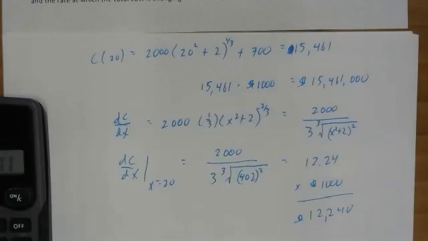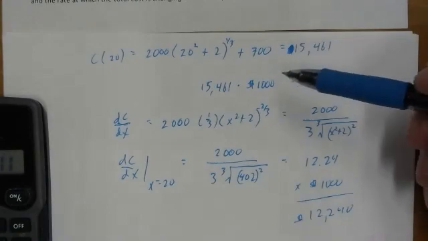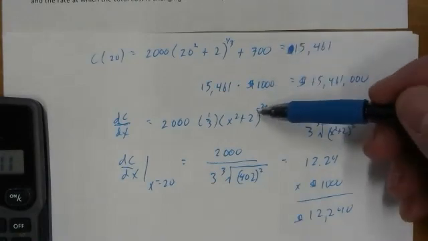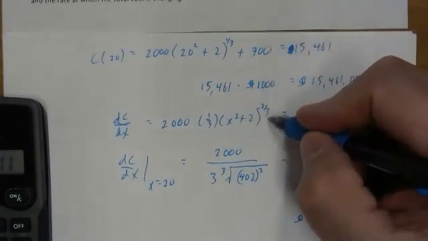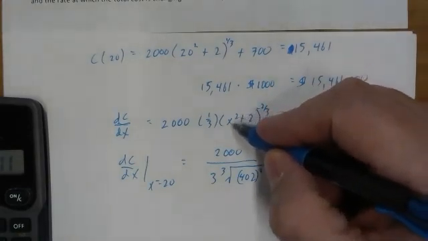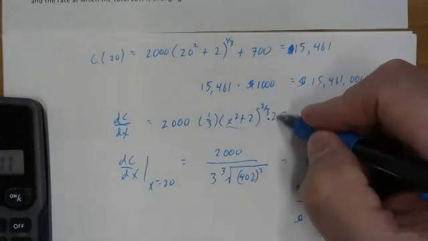So the original equation is 2000. Oops. $2,000 in parentheses x. Oh, you know what? I didn't finish the chain rule. I just saw that. Chain rule says then you multiply by the derivative of what's inside.